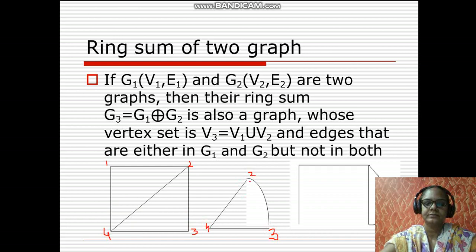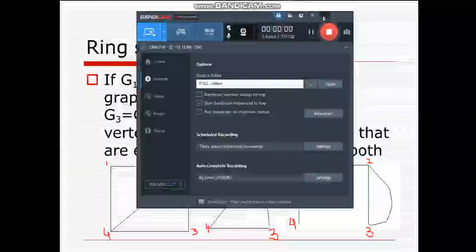Okay, now we have V1, the 1 to 2 edge which is available only in this, so the 1 to 2 edge is preserved over here. Okay, 1 to 4 is only available in the first one.